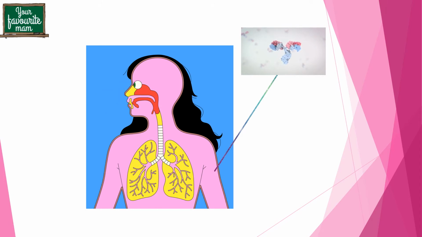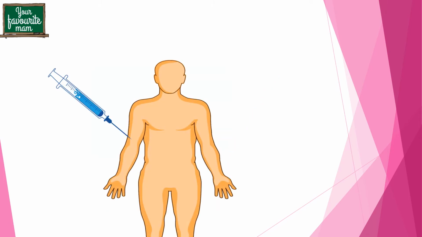Our body also remembers how to fight the microbe if it enters again. So, when a vaccine is given, the body fights and kills the weakened or dead microbes by producing suitable antibodies. These antibodies remain in our body and then we are protected from the disease-causing microbes.